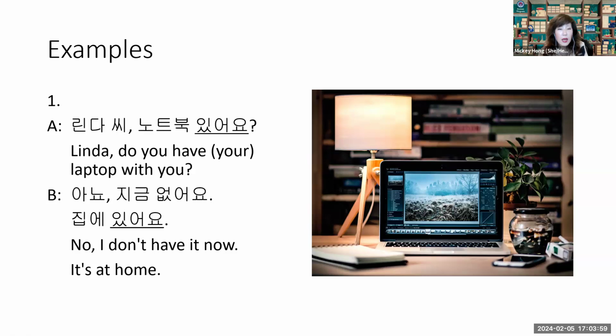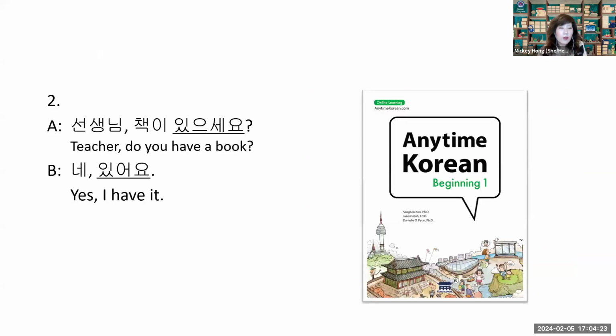So it can be possession, as in you own something, or having something on you. Linda says, no, I don't have it on me right now. It's at home. So 있다, 없다 can be used to talk about both existence as well as possession, having something with you.